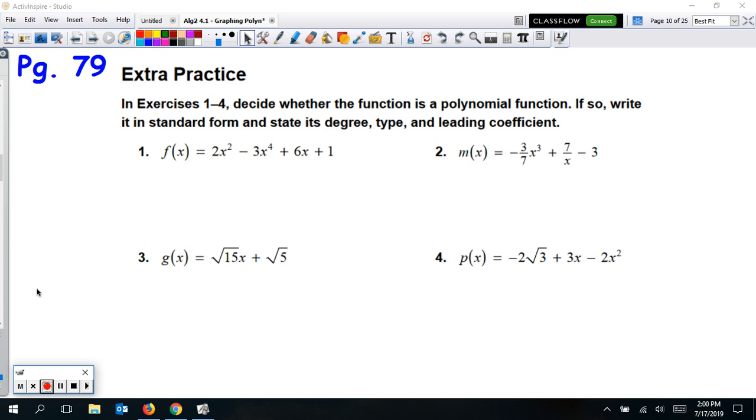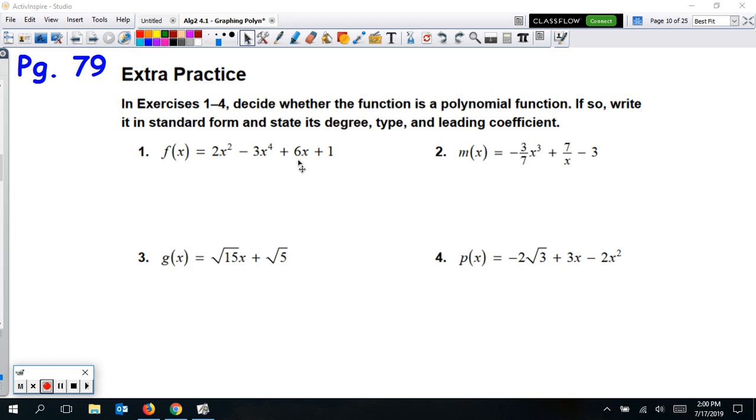It's going from highest to lowest as far as the degree goes. And then state its degree, what's the highest exponent of the terms. State the type, what's its name, like we were just talking about. And also, what's the leading coefficient? That would be the coefficient of your leading term, your very first term, which would be the highest degree term.